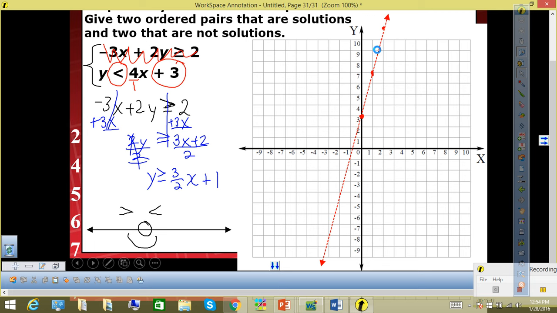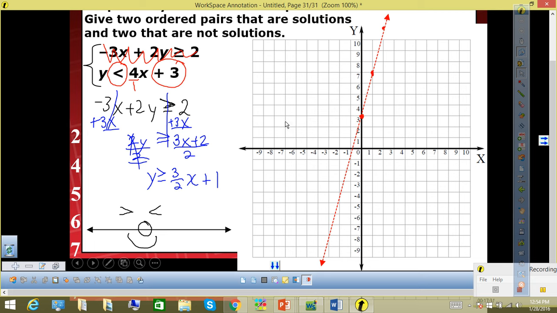What did you discuss in regards to why I made that a dashed line? Okay, the question was, why did I make this line dashed instead of solid? Because it doesn't have the equal to.